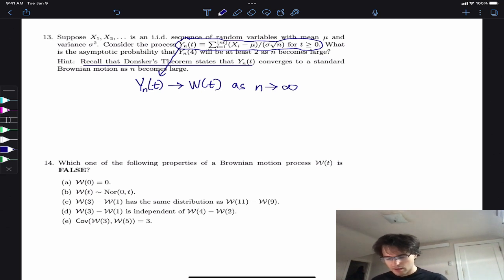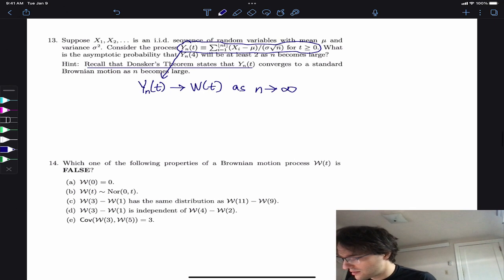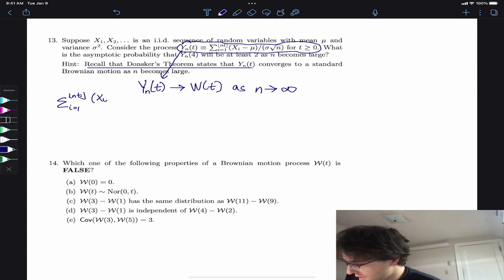Just to put this piece by piece, the way we got here is the sum from i equals 1 to nt of Xi minus mu, divided by sigma square root of n.